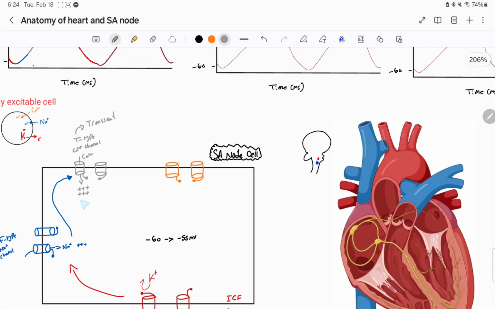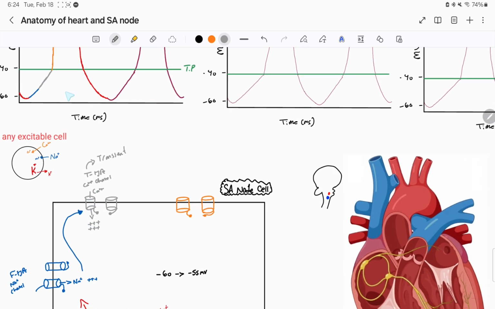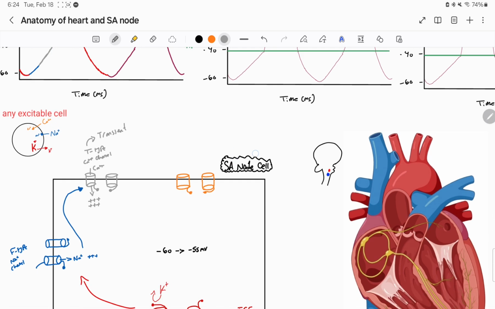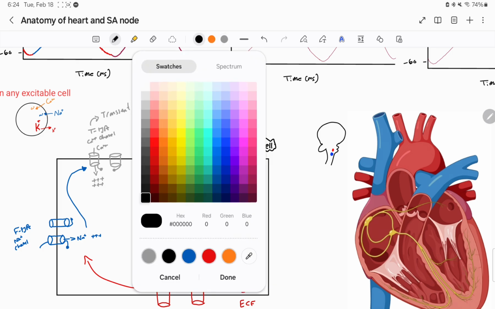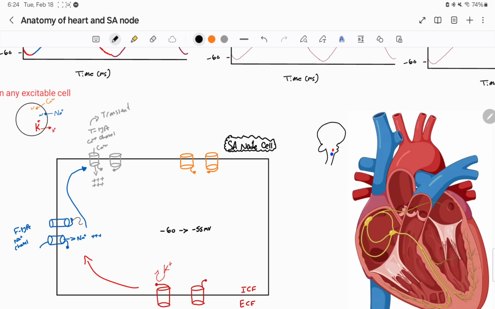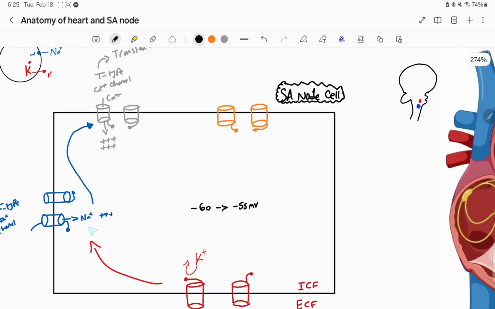Okay, so that means that the T-type channel brings in enough calcium to bring us to the threshold potential. All right, but you know what's happening to these channels? After this sodium channel brings in enough positive charges to open up the T-type calcium channel, guess what happens to it?